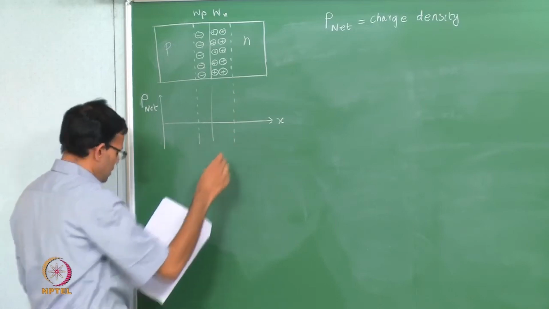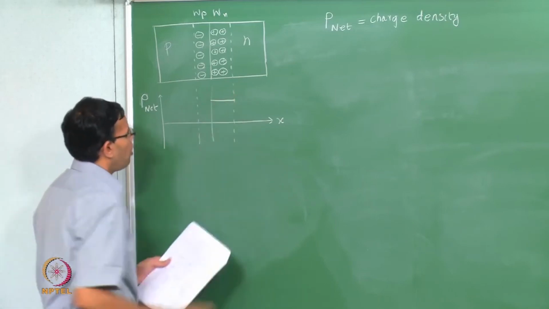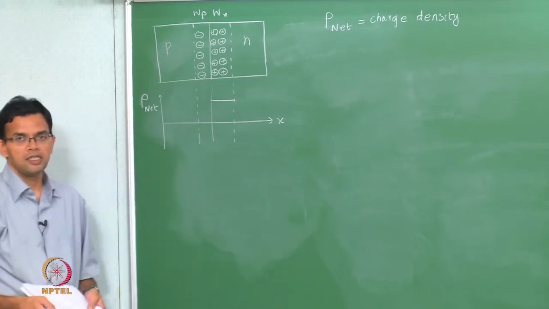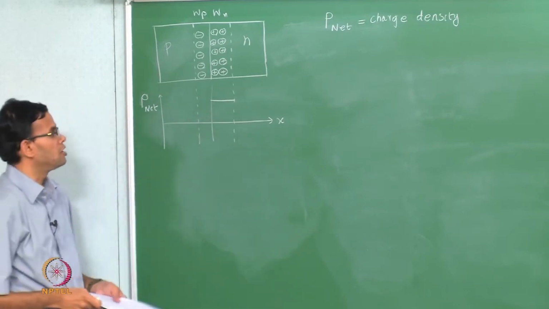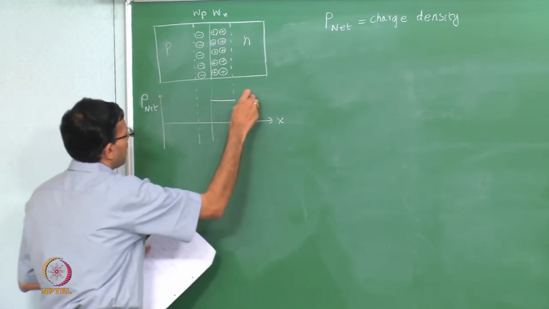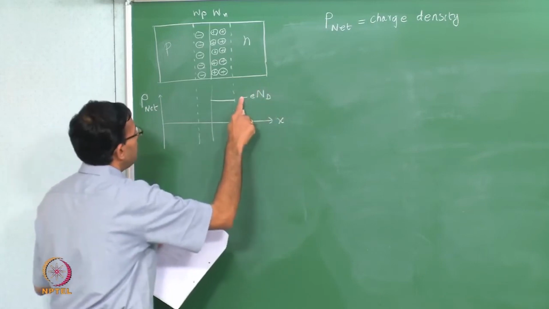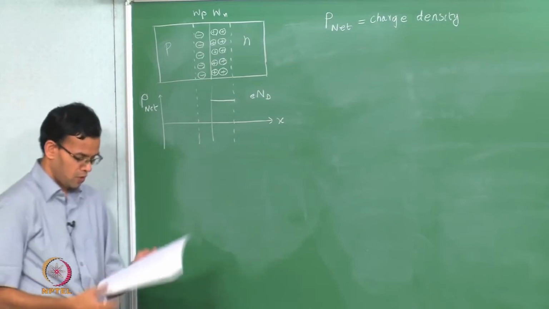This is the n side. On the n side the charge density is just given by the concentration of the donor ions. So, this is plus e Nd because you have a positive charge.